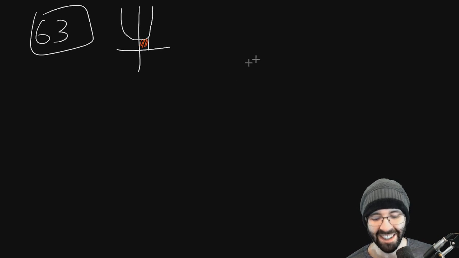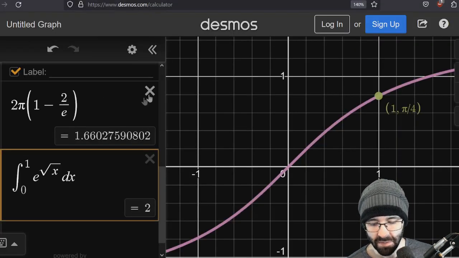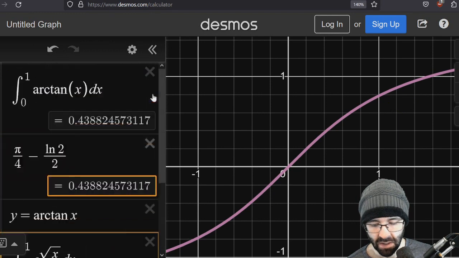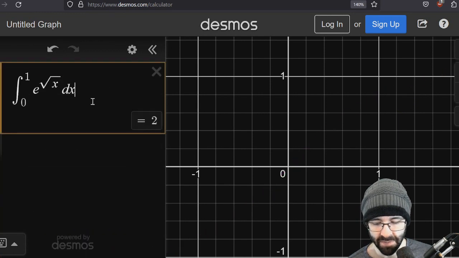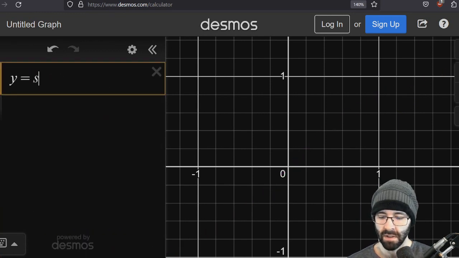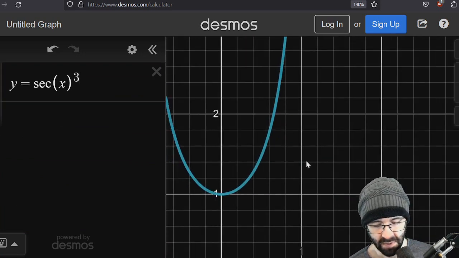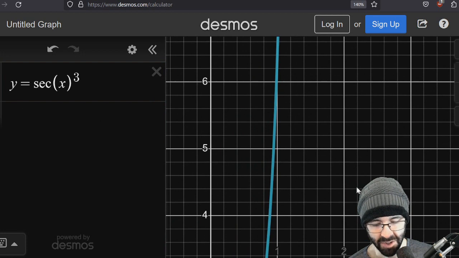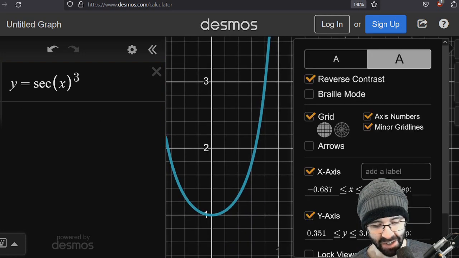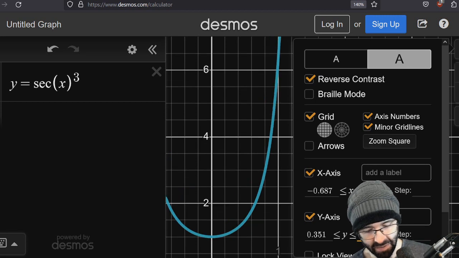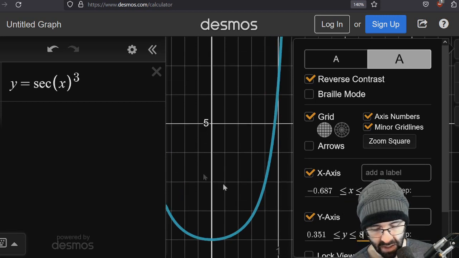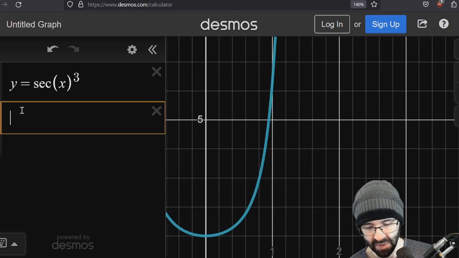Let's see if I'm right. Clear all this stuff we don't need. Great. Oh, all right, there's no asymptote. I was a little worried that there was an asymptote. I didn't think there should have been, but all right, from 0 to 1.